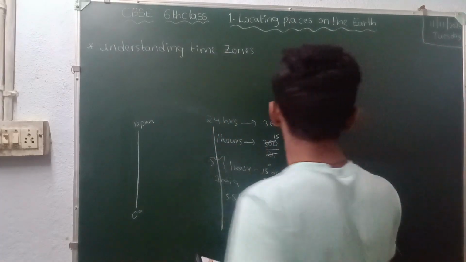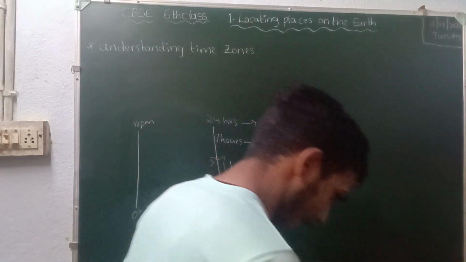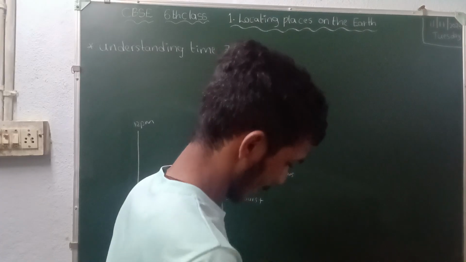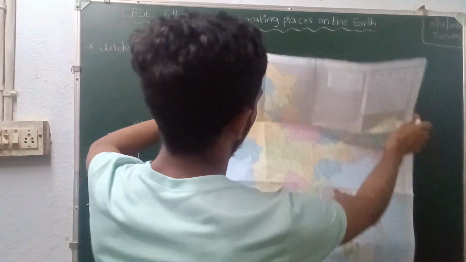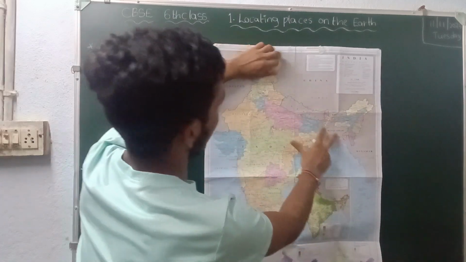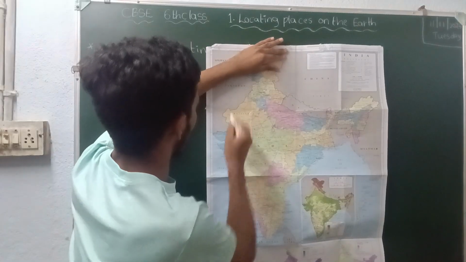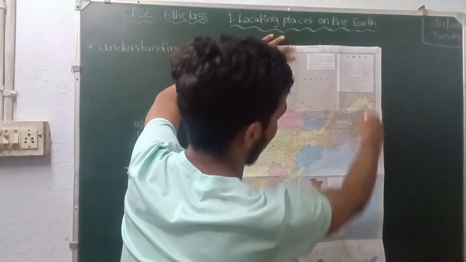Suppose in only one country there will be two times. Here is our map of India. In only our country, there will be two times, one in Gujarat and one in Assam.